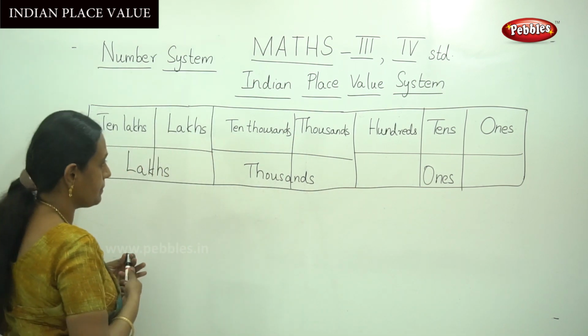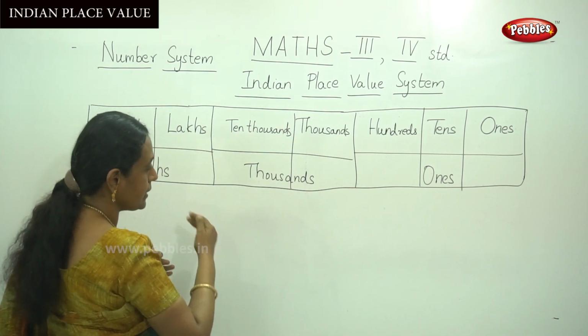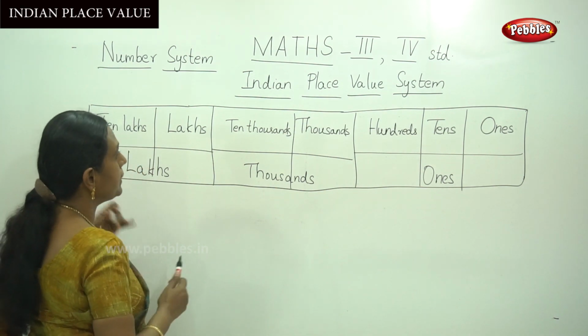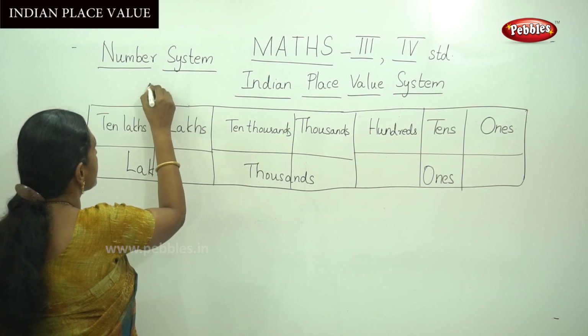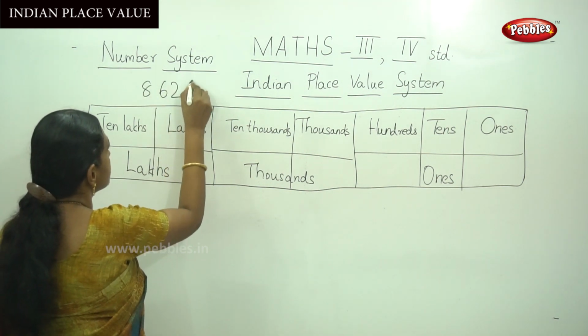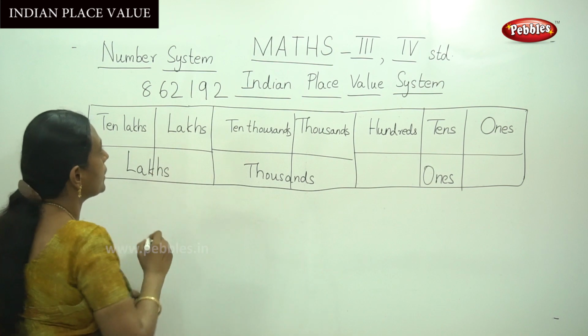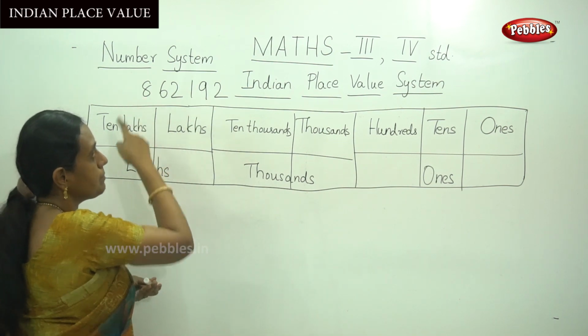One more example, where we have to arrange the number in the columns. It is a 6-digit number.